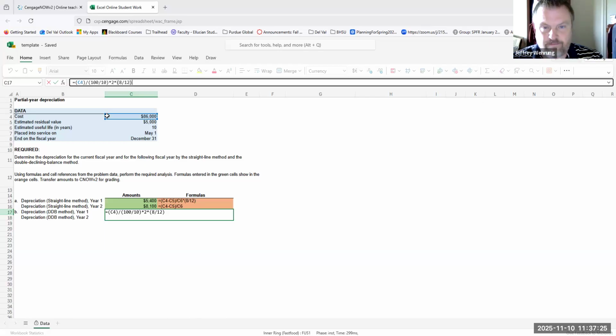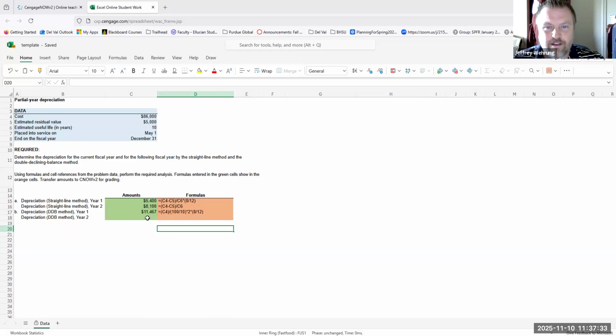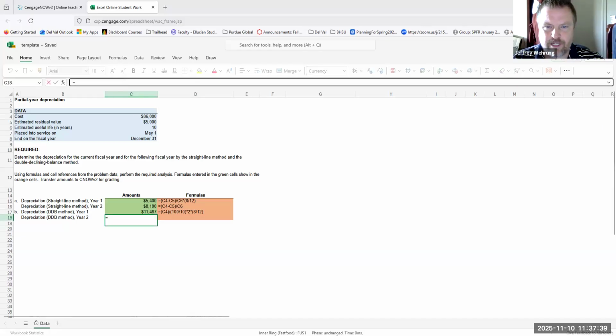So that's great. Okay. So let's go through. And now the second year, this is a little bit harder, right? Because we are actually depreciating, we have to subtract it off of our initial amount. So to find out how much we're going to depreciate, we take our initial cost minus what we've already depreciated, so that's our accumulated depreciation.